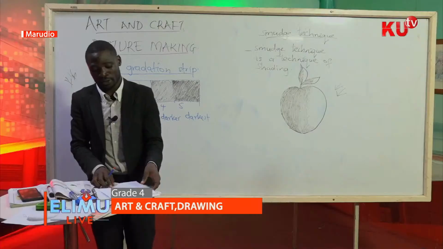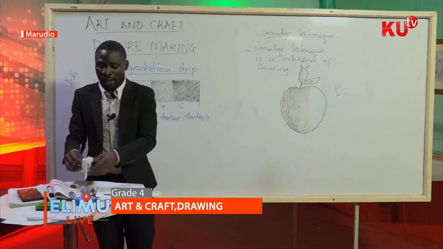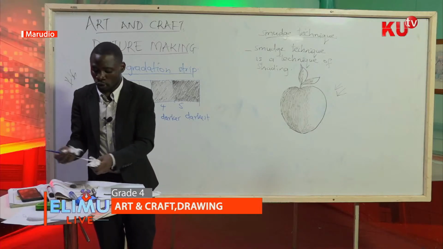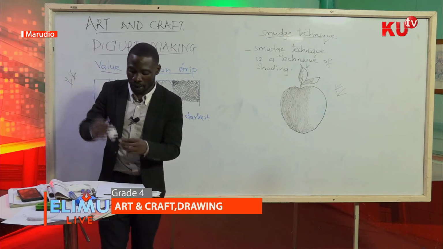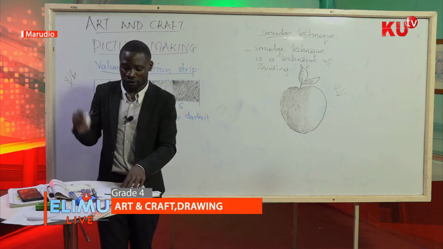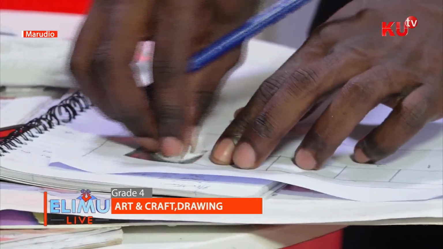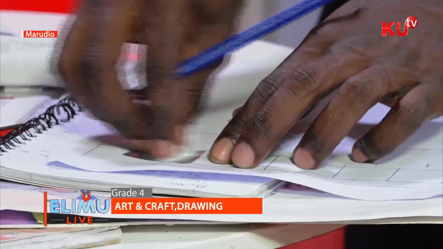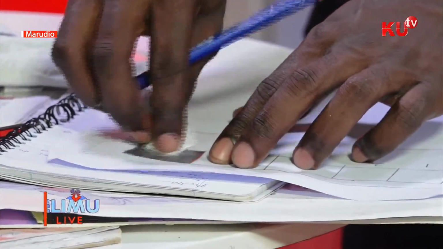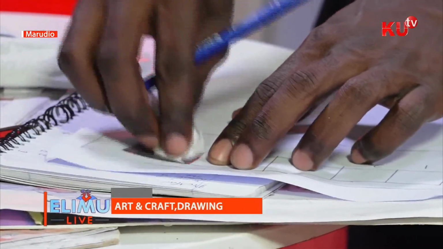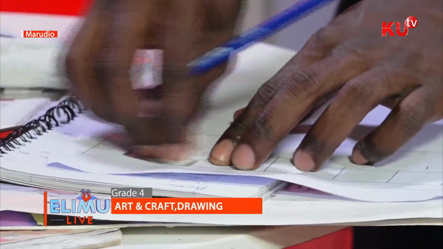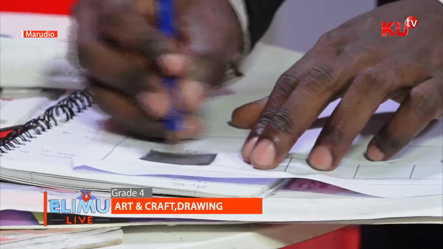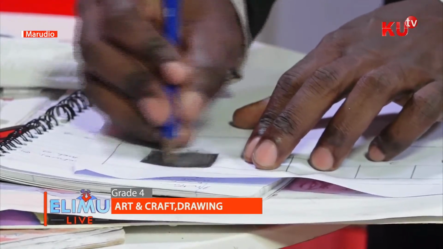After shading that one, you use a piece of paper which is very soft to spread the shading and make it smooth.